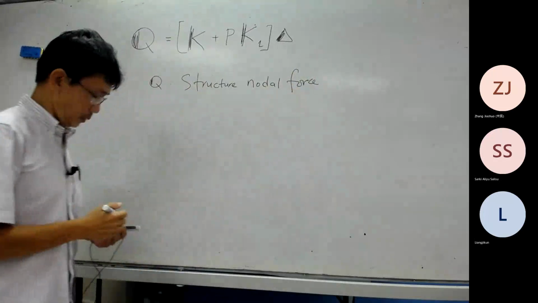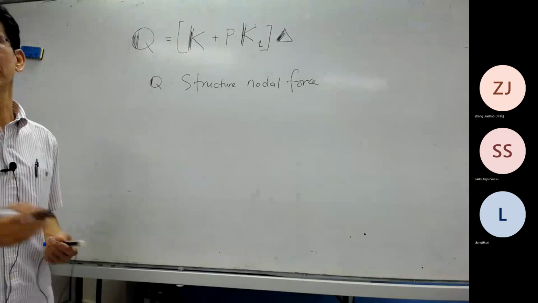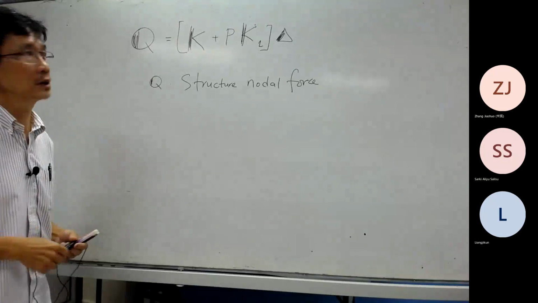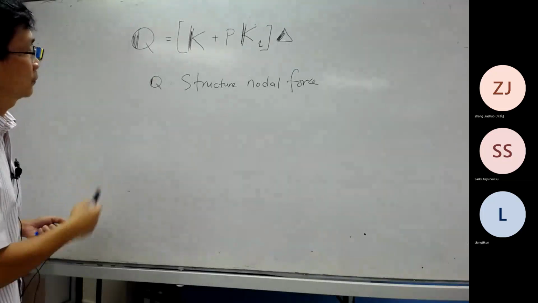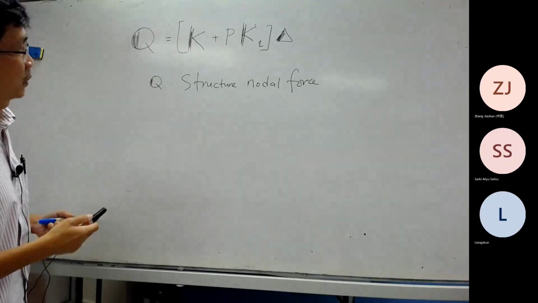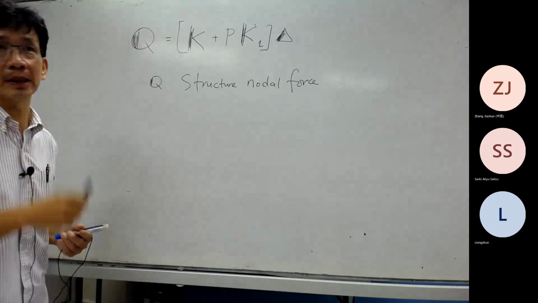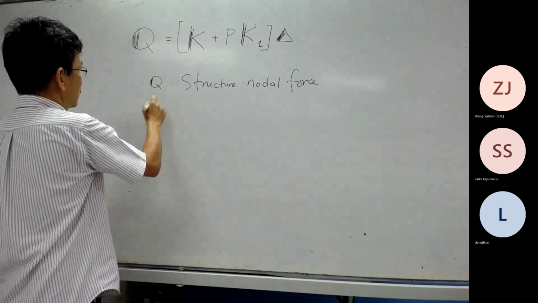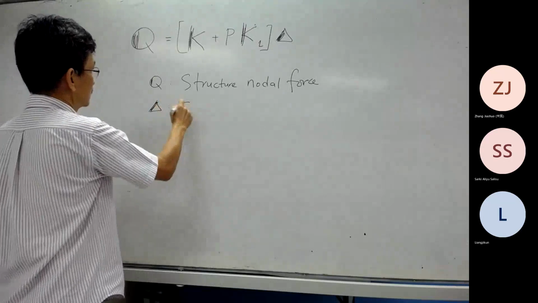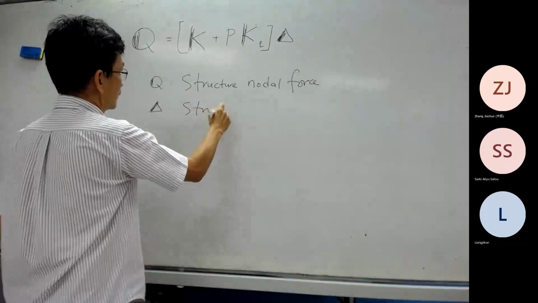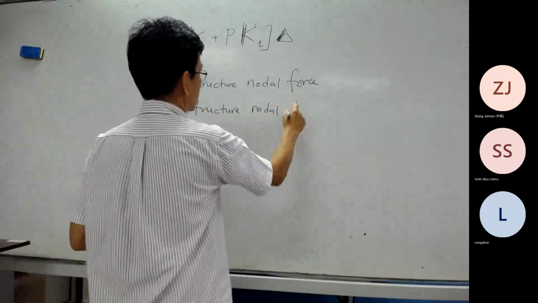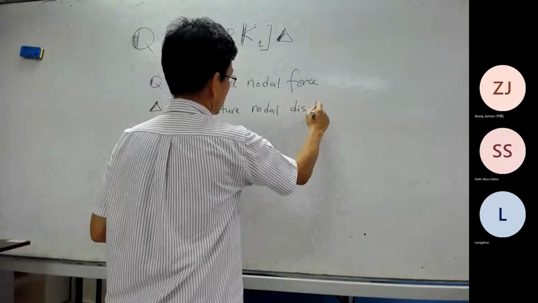But in our EAS663, we are not going to solve a problem with structure nodal force, but in general, what we cover can also be used to solve for a problem where you have a force applied, for example, in a beam column. And the delta here is the structure nodal displacement.